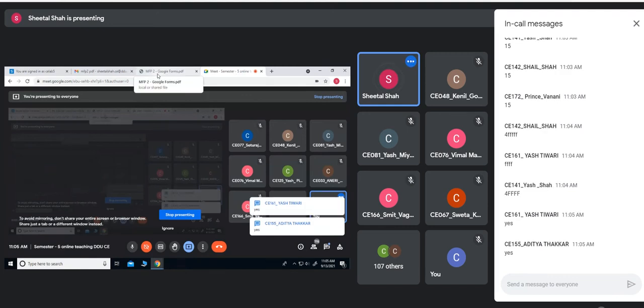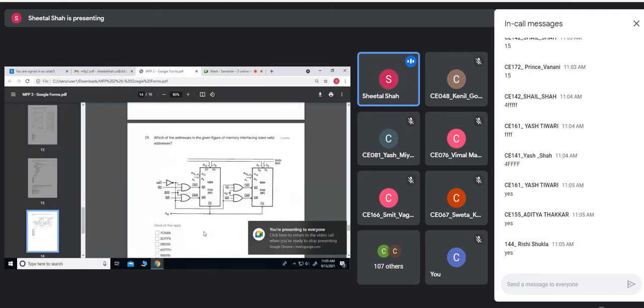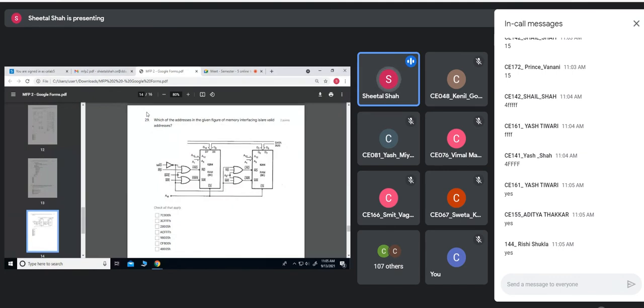Okay. So the next question is, which of the addresses in the given figure of memory interface is or are valid addresses? This is an example of linear encoding. Here the chip select line of this memory is connected to the A18 pin of the address line.